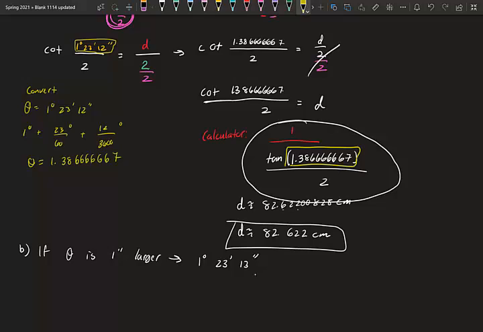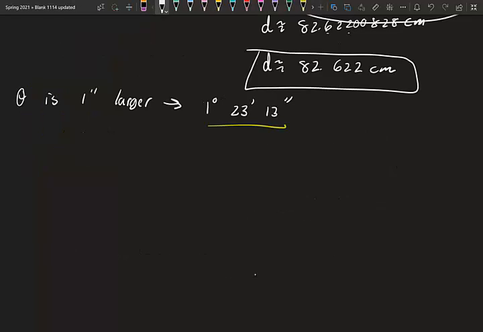So we first change this to decimal form, and we get 1.386944444, with 5 fours.